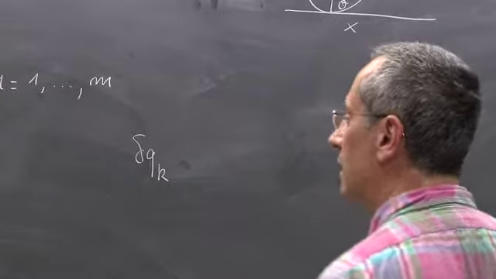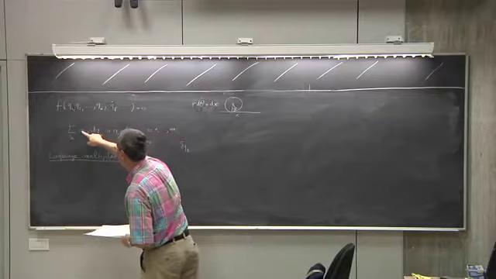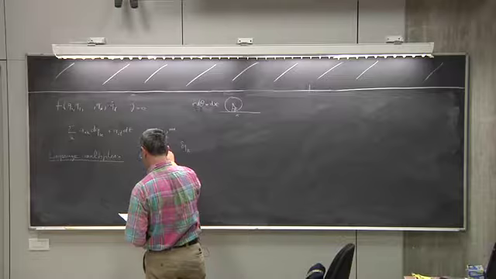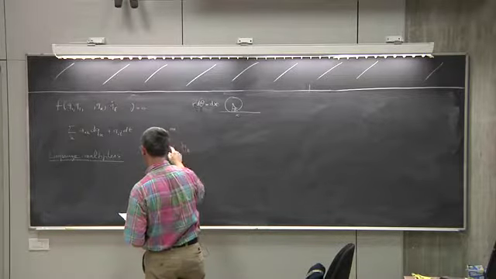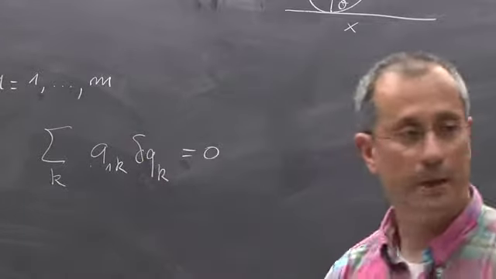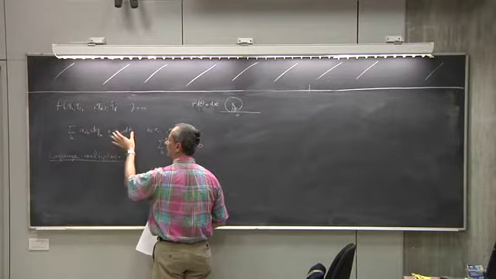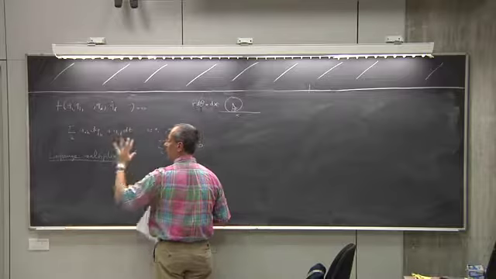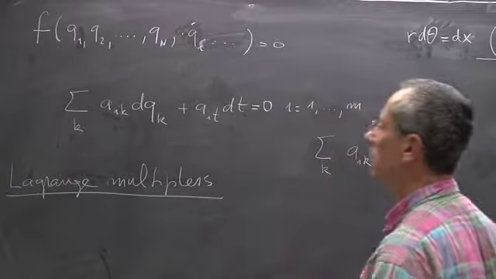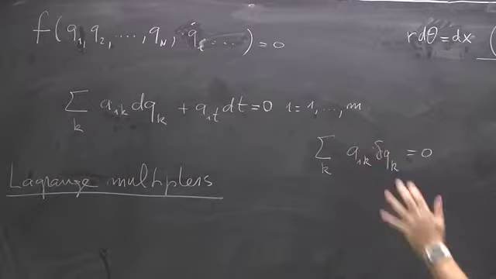So there is no delta t, and if you do this variation, clearly this part here must vanish. So you have something like a_ik delta q_k, right? For each of these, it must vanish, right? Because I'm putting here a virtual displacement. It's a virtual displacement, so there is no change in t, okay, because everything is frozen. And because of the constraint, I forgot here the 0, clearly. Because of the constraint, this part must vanish under virtual displacement.